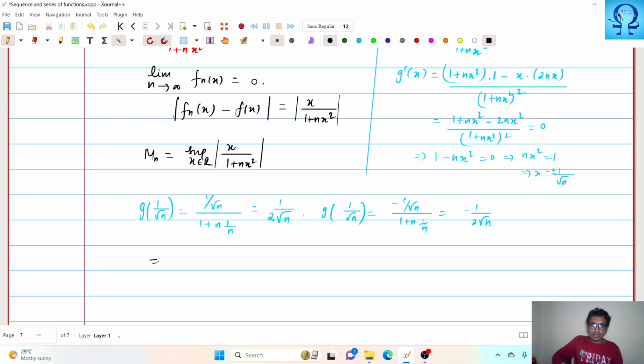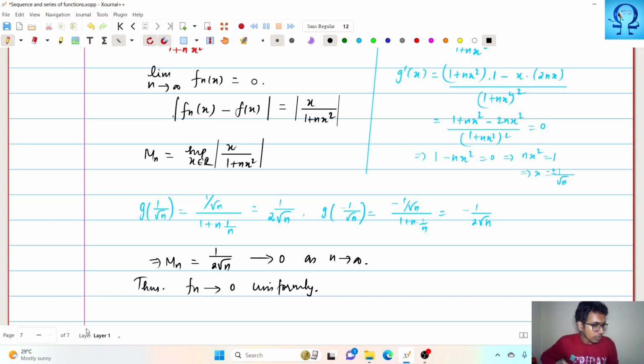In either case, our Mn would be 1 upon 2 root n, and this goes to 0 as n approaches infinity. Thus our fn converges to 0 uniformly. With this we will conclude this lecture, and in the upcoming lecture we will work out a few more problems and discuss a few more results on uniform convergence. Thank you.